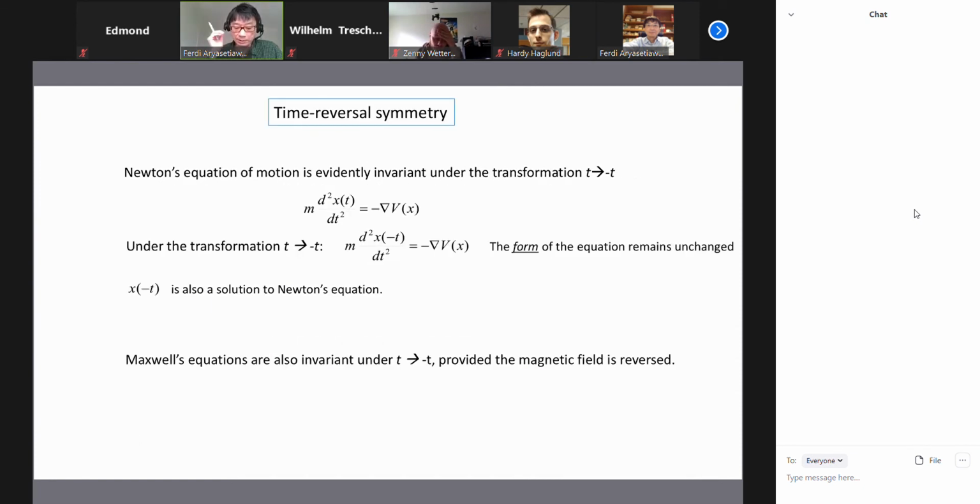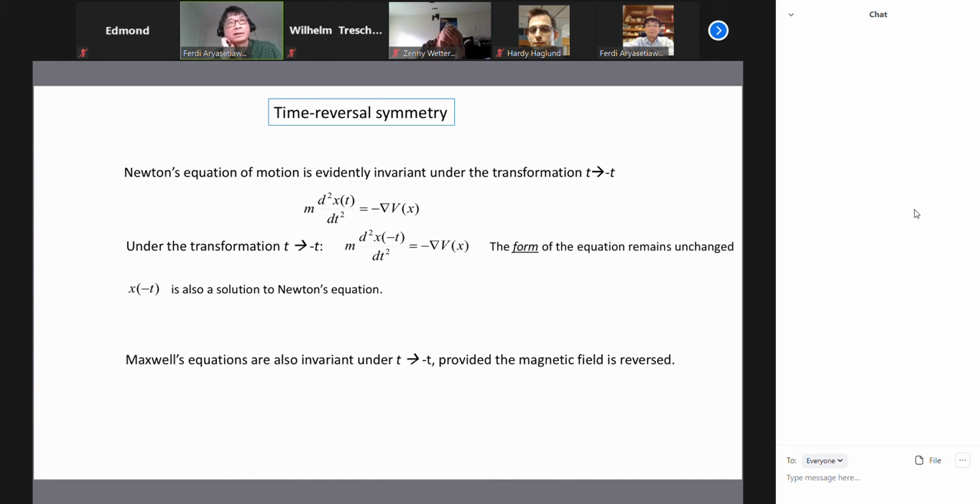So maybe in the remaining few minutes we can start talking about time reversal symmetry. Time reversal symmetry is a little bit tricky when we talk about it in quantum mechanics because the corresponding operator turns out to be what is called anti-unitary.